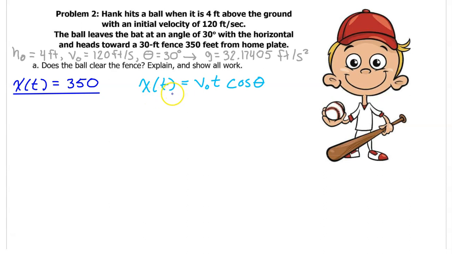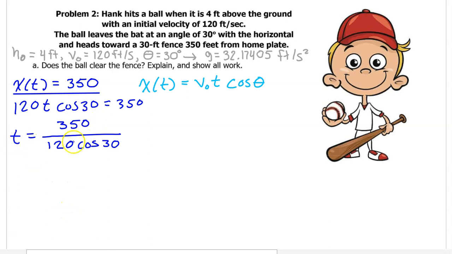We know that the horizontal position x of t is given by v0 times t times cosine theta. We want to set the horizontal position equal to 350 feet, so that gives us 120 times some t times the cosine of 30 degrees, and that must equal 350. We need to solve this for t, so let's divide both sides by 120 and cosine 30.